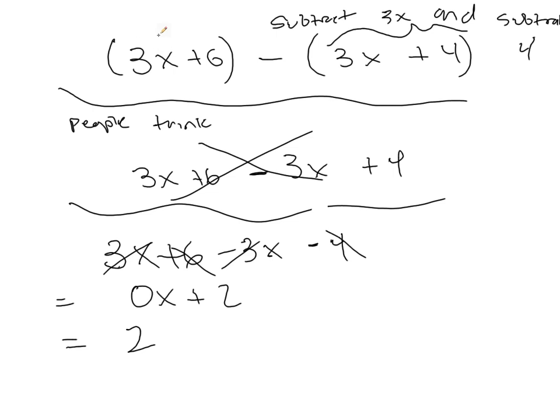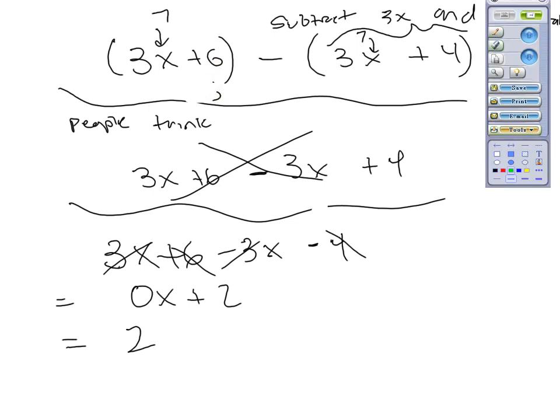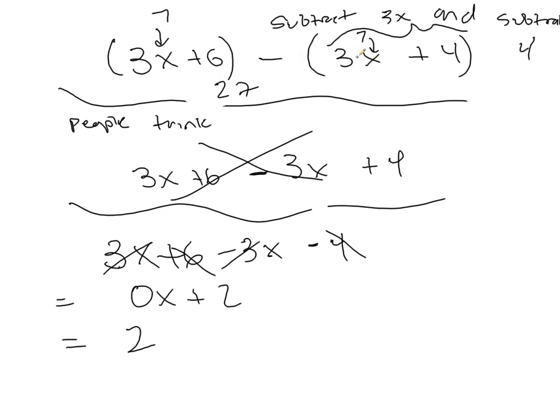And you can test that out. If I put in, let's say 7 for x, I'm just picking a random number, I get 21 plus 6, which is 27. Minus 3 times 7 is 21 plus 4 is 25. 27 minus 25 is 2, and that's exactly what we get.